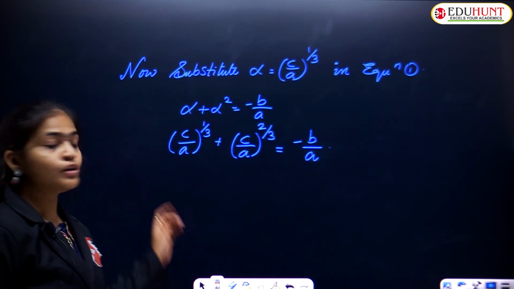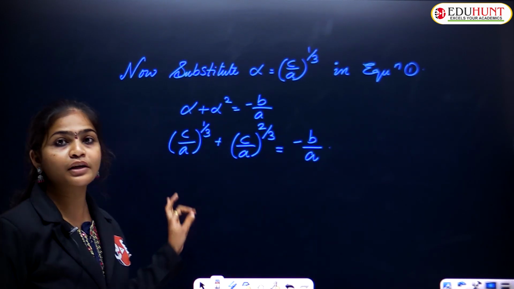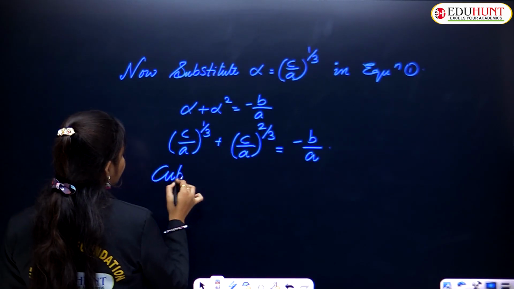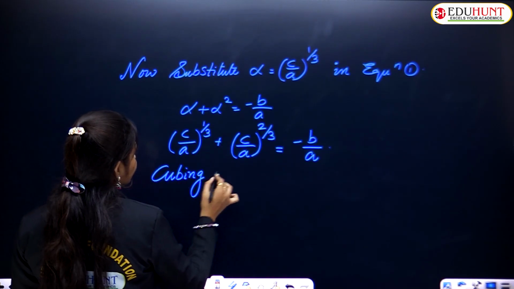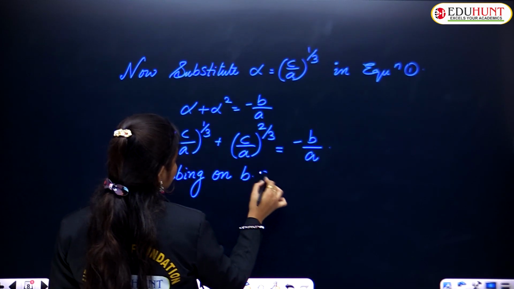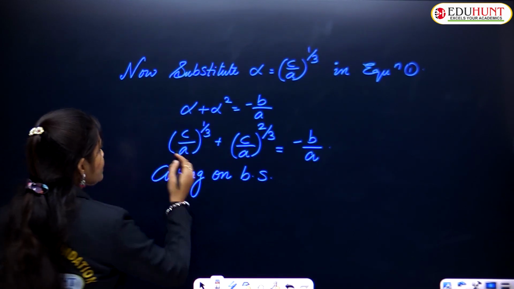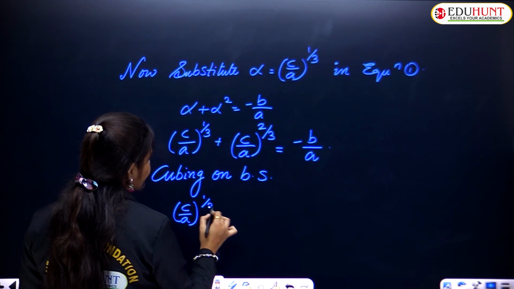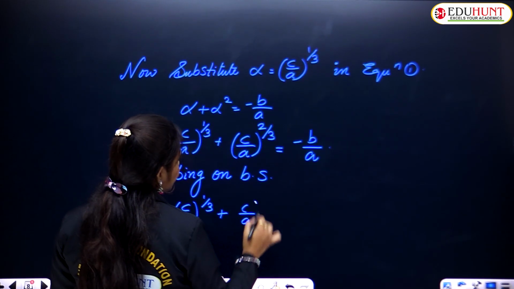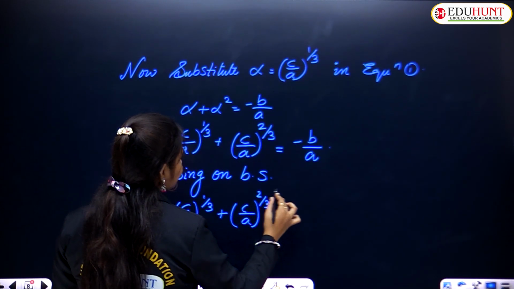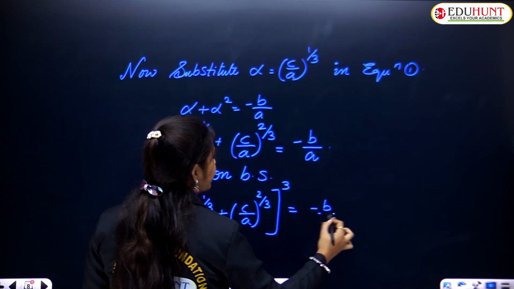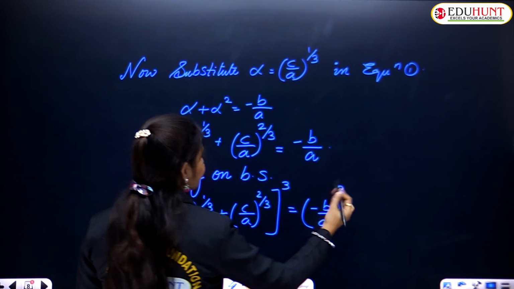Am I clear? Now to this one, just apply cubing on both sides. So c by a whole power 1 by 3 plus c by a whole power 2 by 3, whole cube, equals minus b by a whole cube.